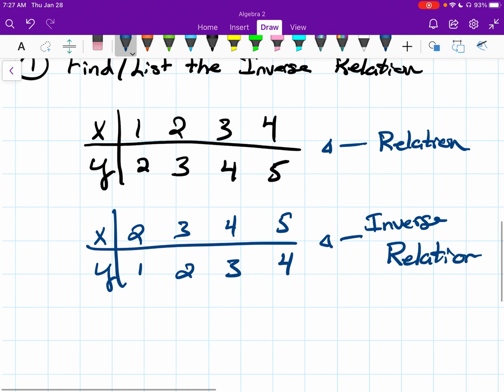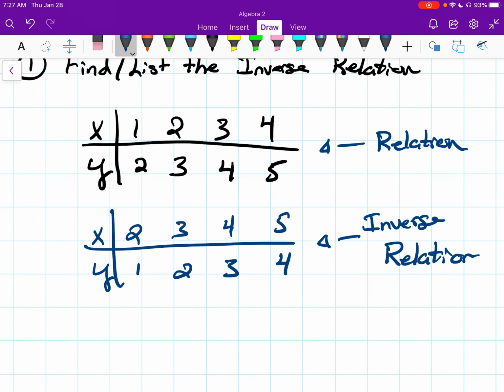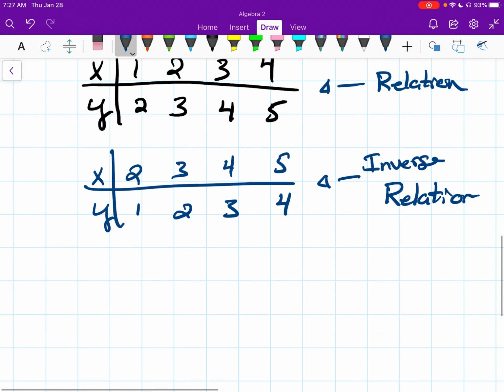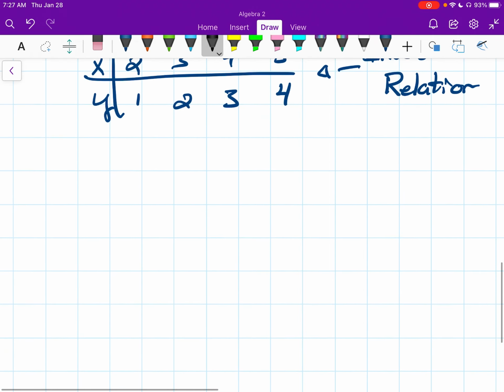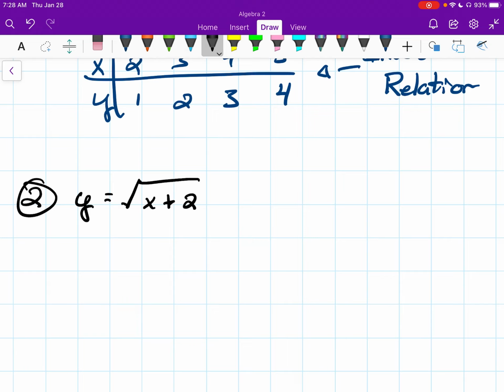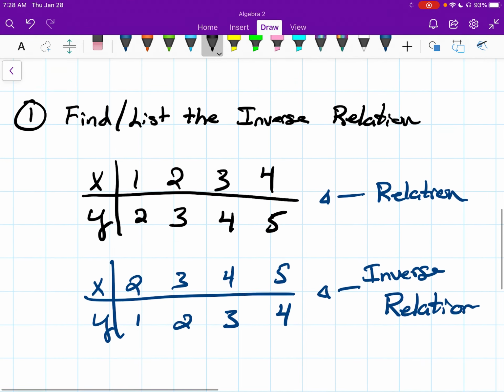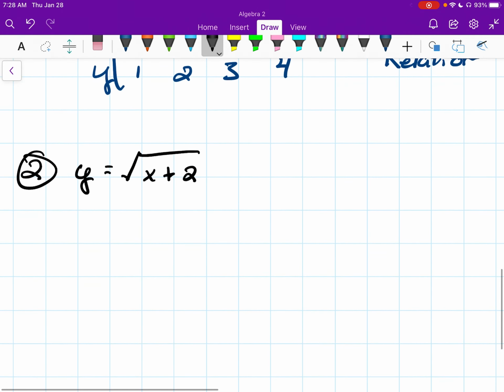So what example is this? It is going to be number 2. All right, example number 2. We have y equals the square root of x plus 2. And with the same directions, find or list the inverse relation.